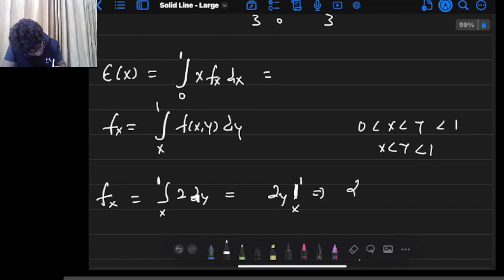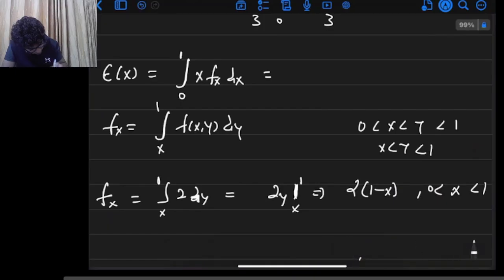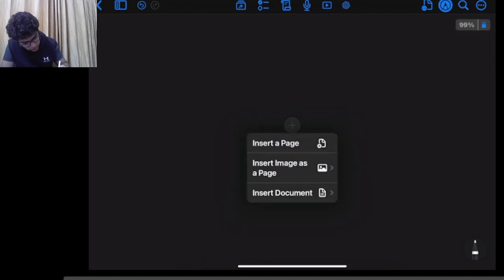This gives me 2 into 1 minus x, and x lies between 0 and 1, right? So we have computed f of x. So now if I put this in the formula, 0 to 1, this will become x, and this becomes 2 into 1 minus x dx, right? So let me just move on to the next page.